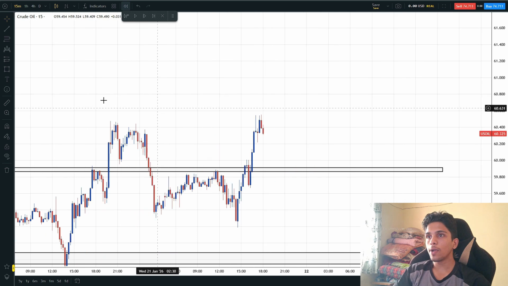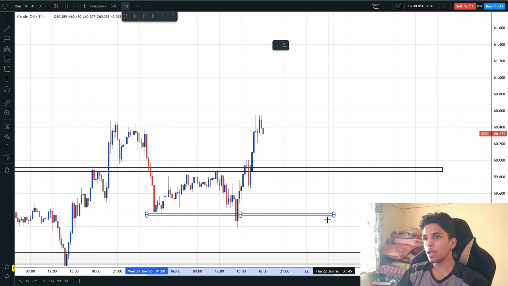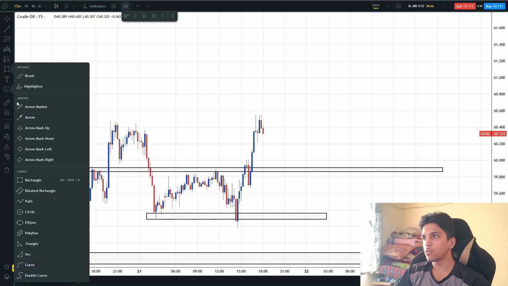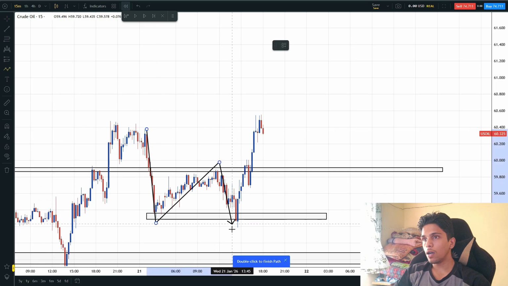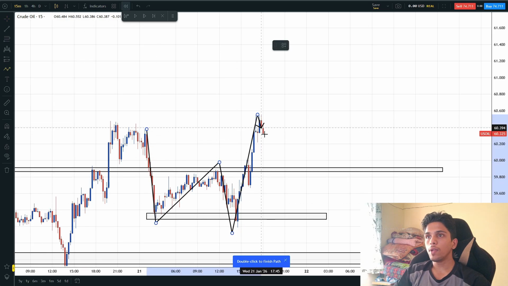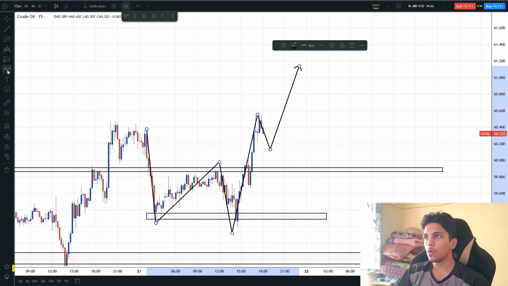Here you can find a W pattern, which I personally like in the US oil, because whenever this type of W pattern is made in the US oil, the market bounces very well. So we need a little bit of rejection over here, and then we will continue to go up.